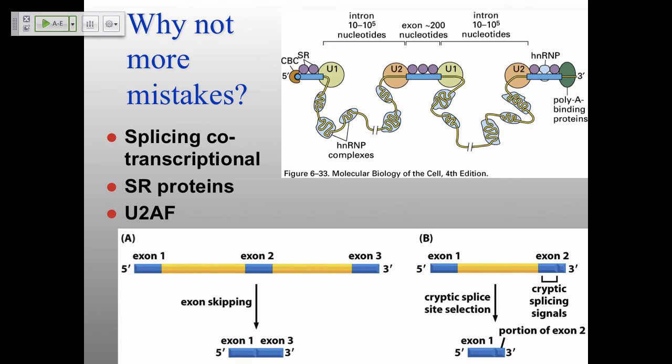So here I have a simplified primary transcript with 3 exons in it. If you had normal splicing, all the exons used, you'd have exon 1, exon 2, and exon 3. U2 would bind here right at the beginning of exon 2. You'd end up with exon 1, 2, and 3. If, however, U2 doesn't bind here, then you end up just going to the next exon.